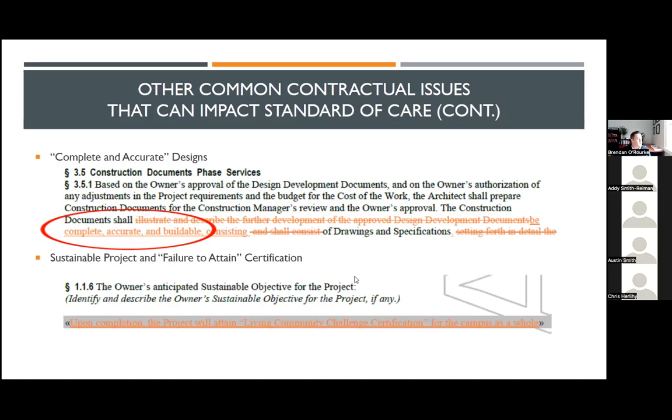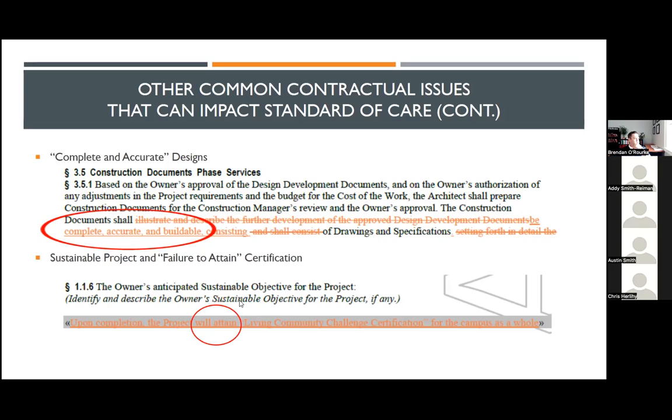This is another example taken from a standard AIA contract, which was modified by the owner. With a lot of sustainable projects going on now, and the certifications that come, or that are hopefully to come at the end of the project, there is sort of a guarantee of that result.